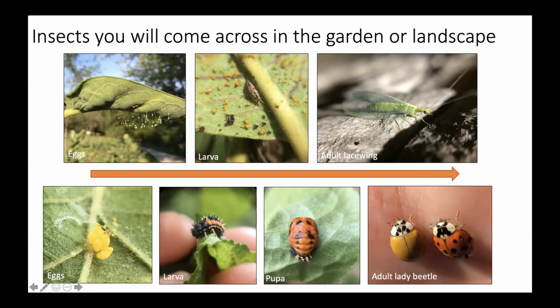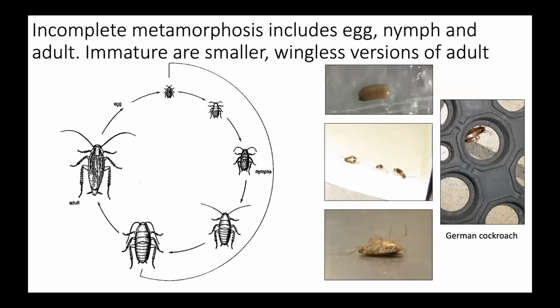And this is what it looks like as an adult. So you can see very different lives, but these are both a type of predator that are sometimes purchased and released into greenhouses or controlled settings to take care of aphids, whiteflies, and other garden or greenhouse pests.